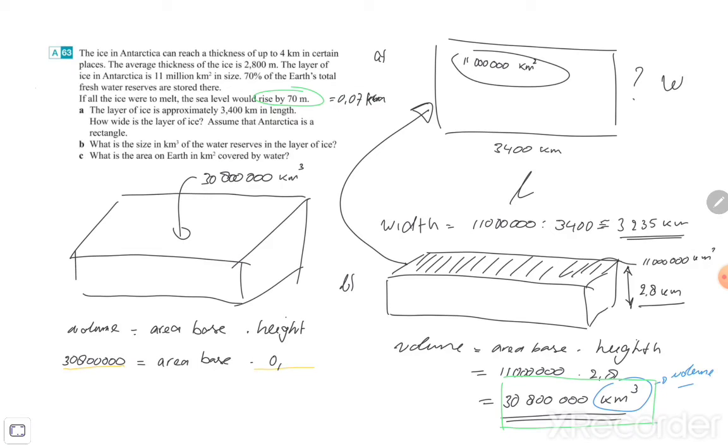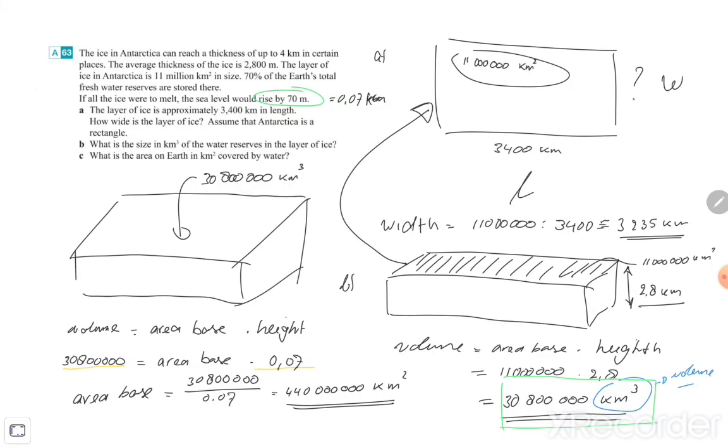So 0.07. Now the question is, how can we calculate the area of the base? We need to do the 30,800,000 divided by 0.07. And then the answer will be 440 million square kilometers.